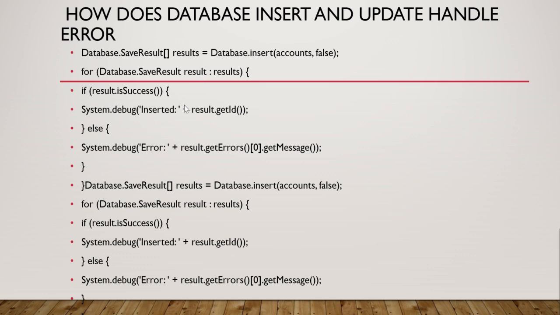Within the Database.SaveResult, first it will give you a list of successful records, and within it you also get the error records. If the result of success is not true, that means there is a problem in the record, and you can drill down into that particular result and find out the error message, why that record failed. So this is the advantage. It allows for error handling also.